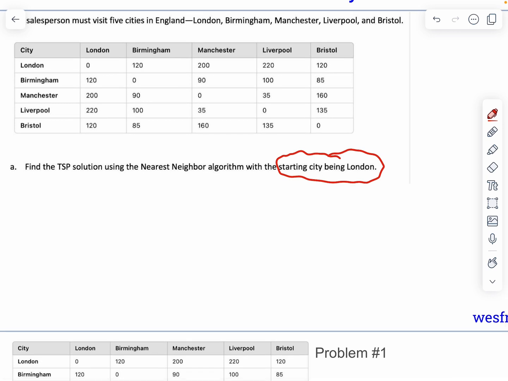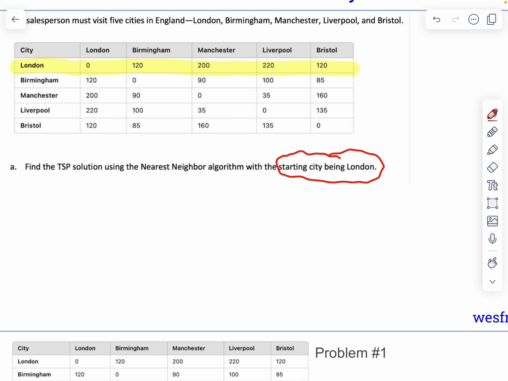So the first thing that we do is we take a look at, let's use a highlighter. I'm going to look across the London column here and see what my closest city is. And my closest city, starting in London, is going to be going either to Birmingham or Bristol.